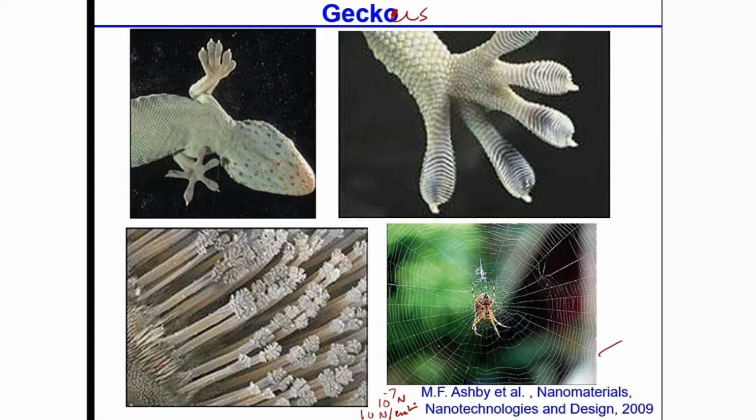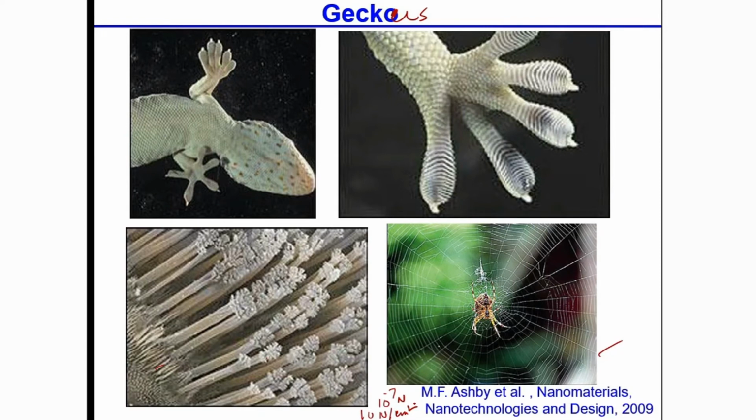Now, what about the silk, the spider web? Spider web is very fascinating. It's a composite. This is not a hair. It contains crystals in a polymeric matrix. The spider webs are nothing but a raw silk which is produced by this spider. And when this raw silk is passing through these channels inside the body of the spider, some of these portions become crystals.